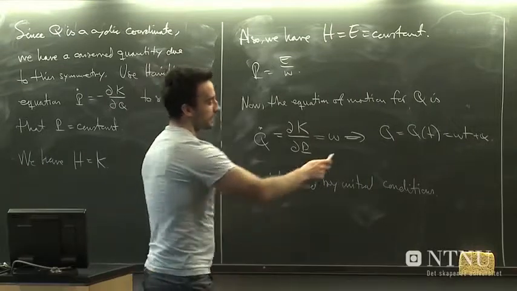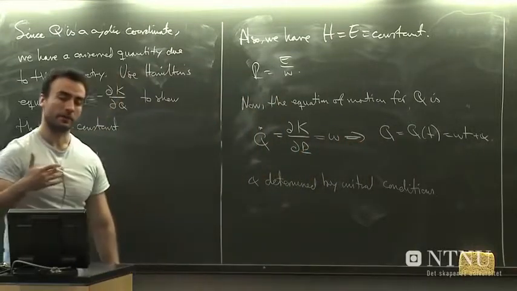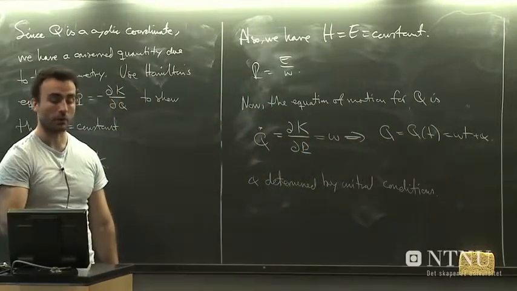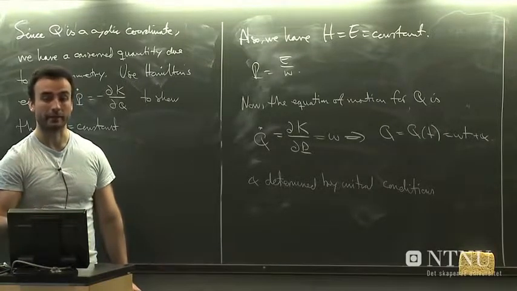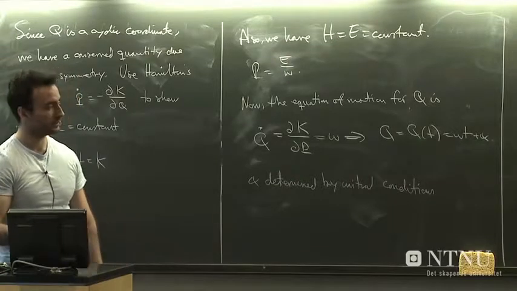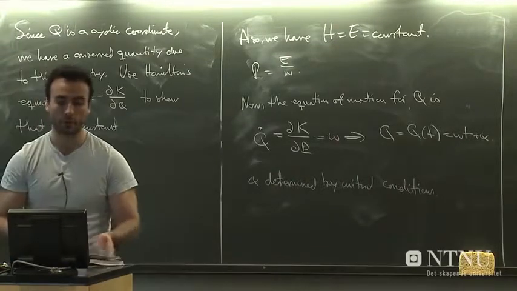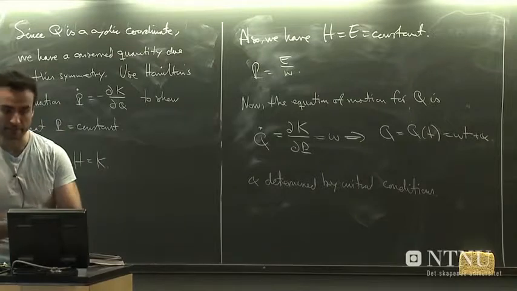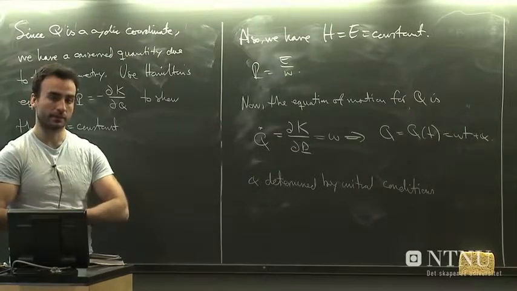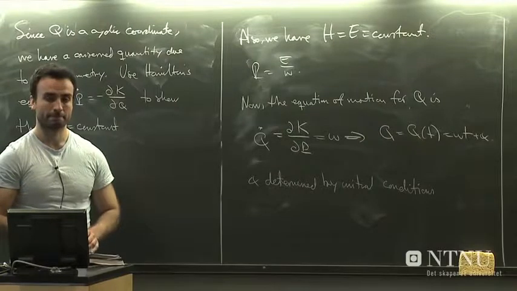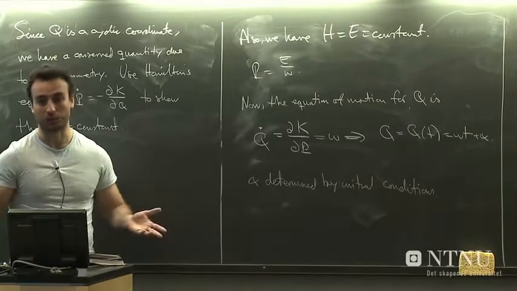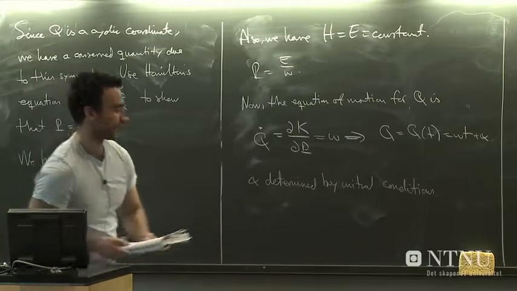Now, with these two quantities in hand, we can substitute them back into our old set of variables to see if we are able to regain the known solution. So what do we know about small q, the position dependence for a harmonic oscillator? How should it look as a function of time? It's oscillating. So it's a sine or cosine? Yes. Okay, so let's check.